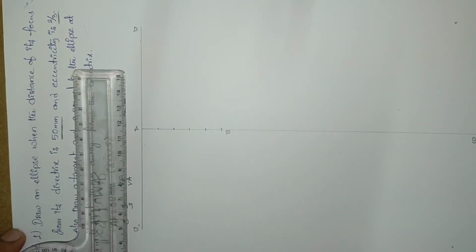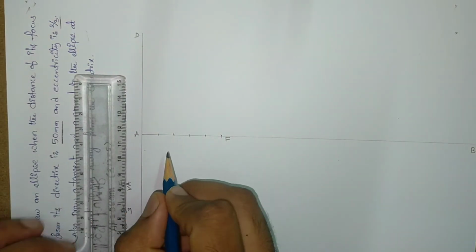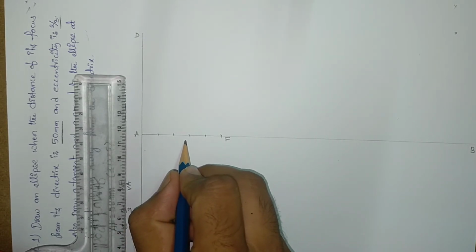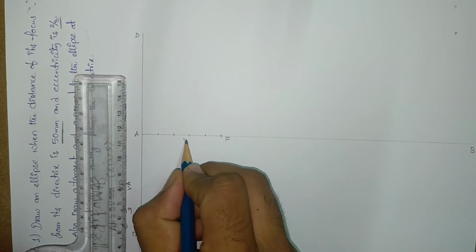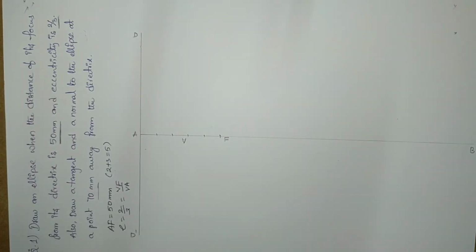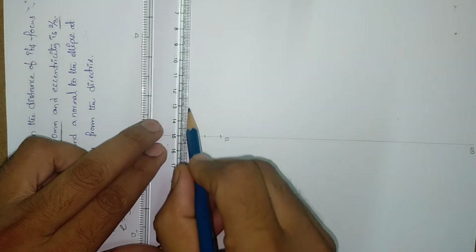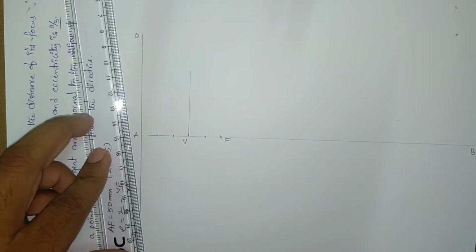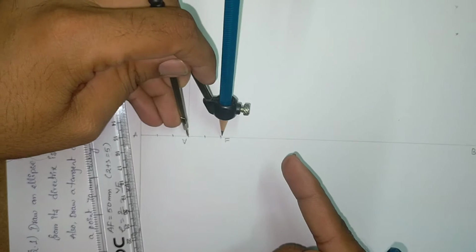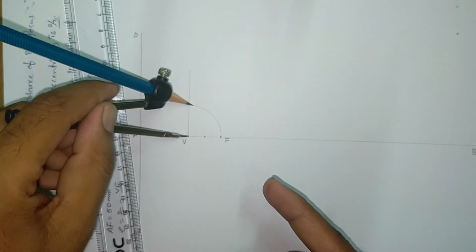Now mark V at the third division from A, or the second division from F. Draw a line to V, and taking VF as radius, draw an arc.